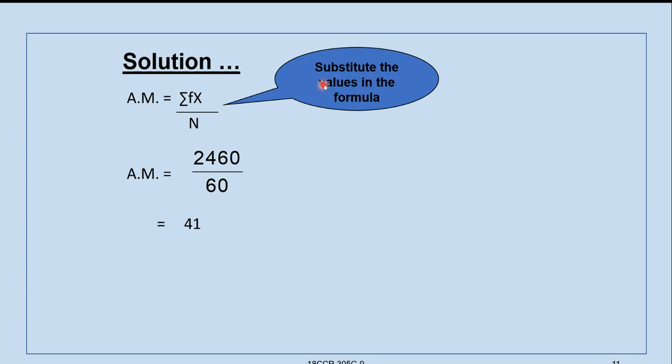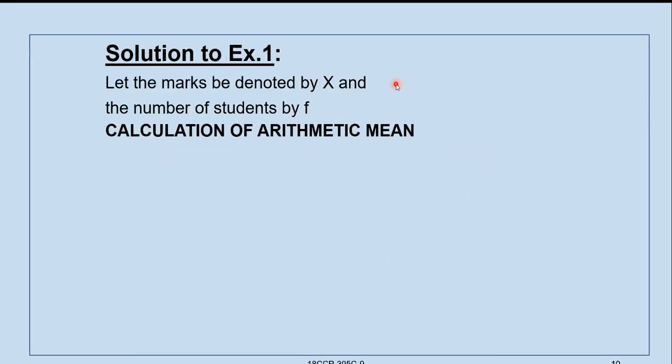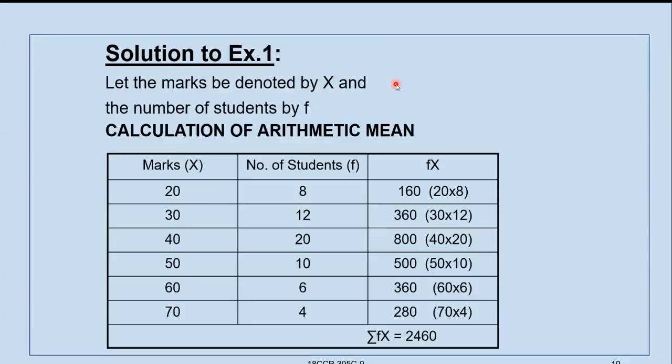Here, we substitute the values which we got in the previous slide. In the previous slide we have got the values, that is sigma f, or we can also say sigma n, and sigma fx.